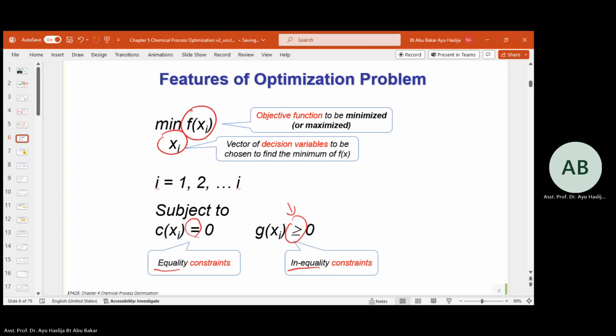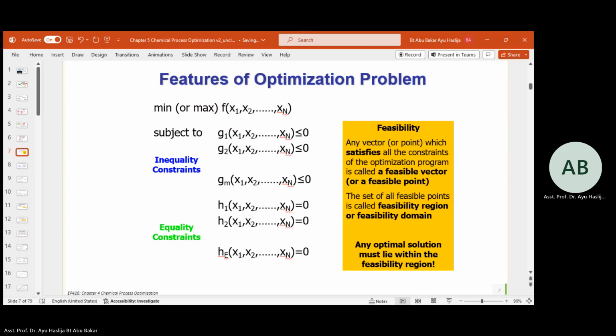Now, overall, this is your function, f(x). Inside here, the x is your decision variables, so here it is in the range from x1 to xn. This is your decision variables.